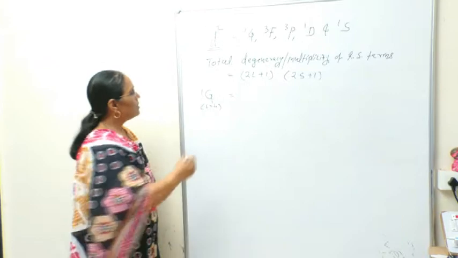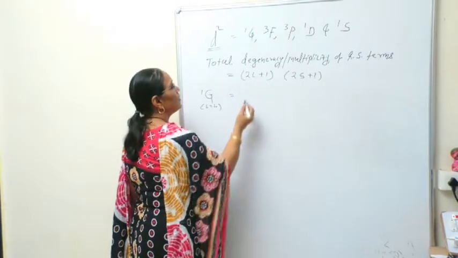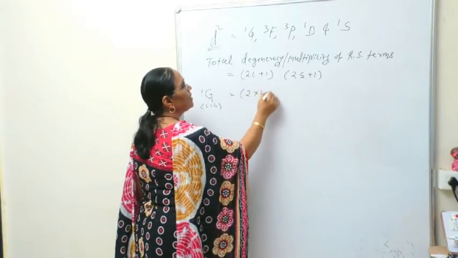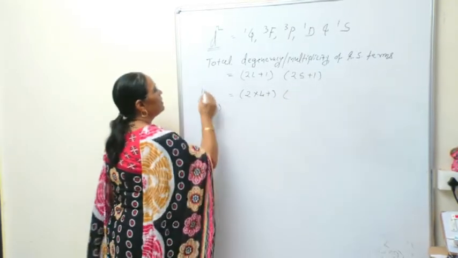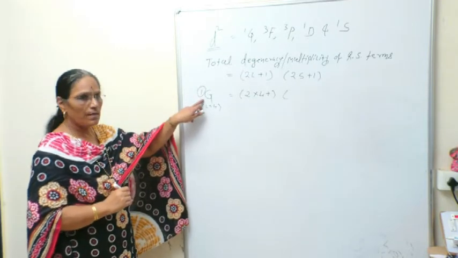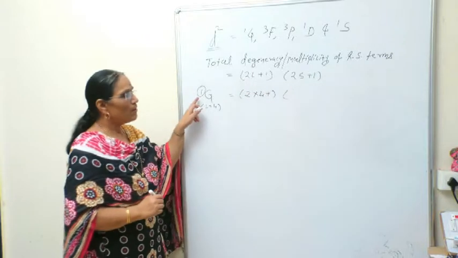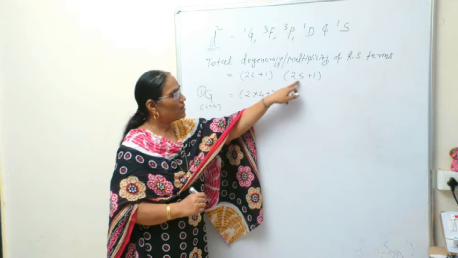So we can put the value of L into this equation: 2 into 4 plus 1, into 2S + 1, which is nothing but the spin multiplicity, already given in the term. 2S + 1 is equal to 1 because the total spin for this term is 0.